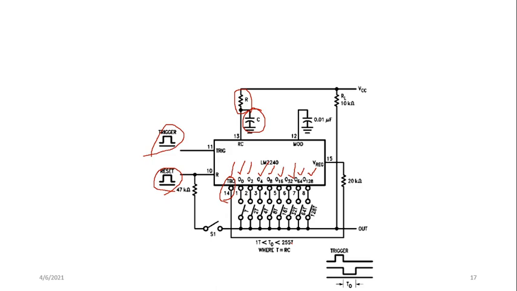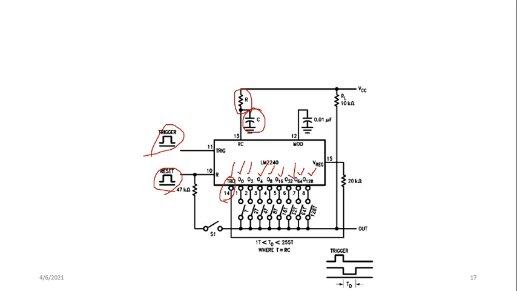We can have any combination there: 1T, 2T, 3T, 4T, 5T up to 255T. Any time this T0 can have any time period connected there. And how you can connect it? By using these switches.